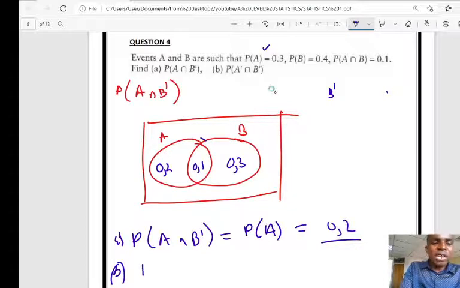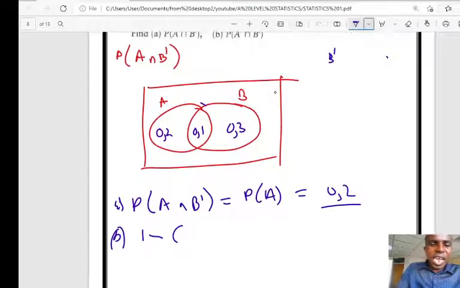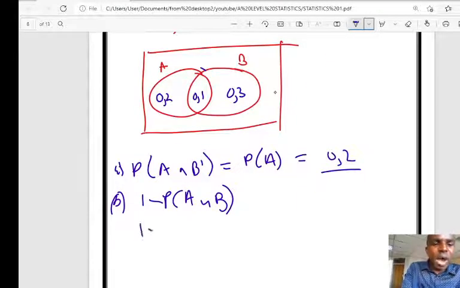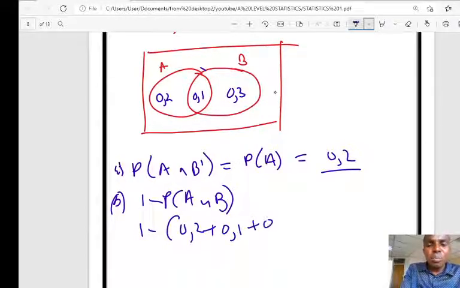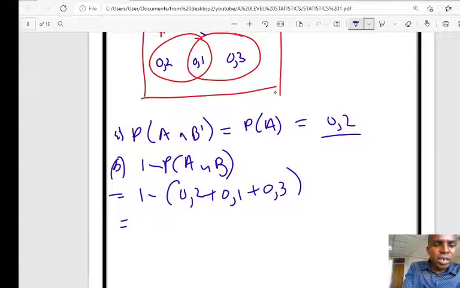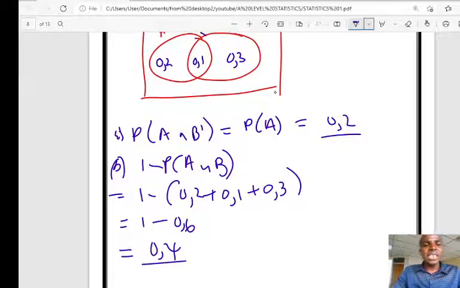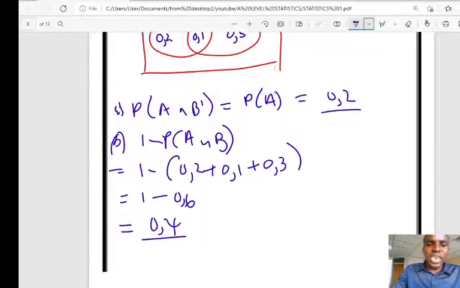You suppose say 1 minus, you add A union B, so it's 1 minus probability of A union B. What is in A and in B? 1 minus A union B, 0.2 plus 0.1 plus 0.3, which is 0.2 plus 0.1, 0.3 plus 0.3, 0.6, so it equals 0.4. That's the final probability, A complement intersection B complement. Right, we can say done.